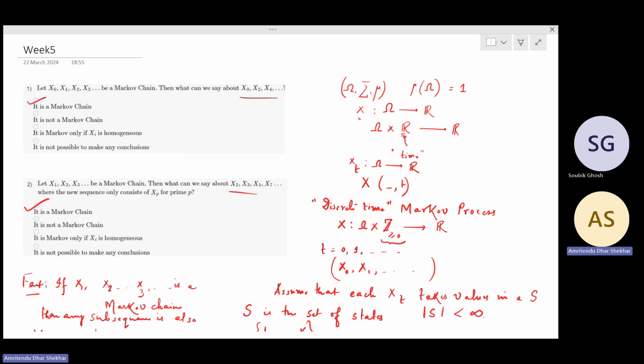You can assume that the original Markov chain is homogeneous. So if this is a homogeneous Markov chain, then what can you say about these subsequences? Are they also going to be homogeneous? Yes, sir, I think they will also be homogeneous.